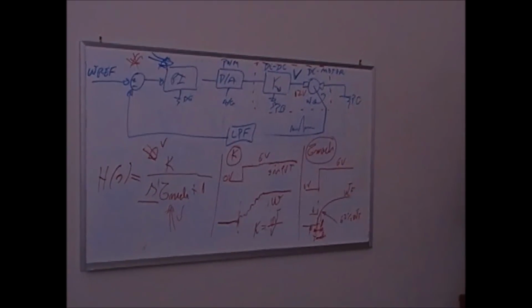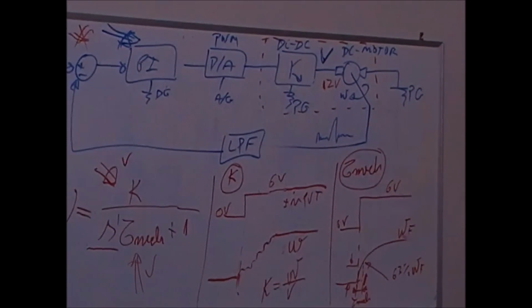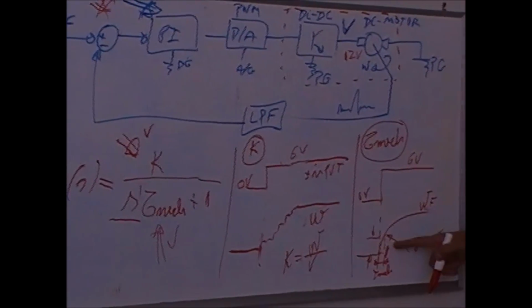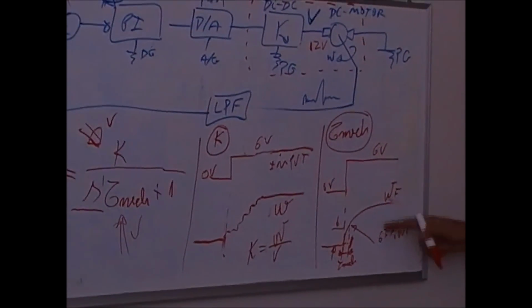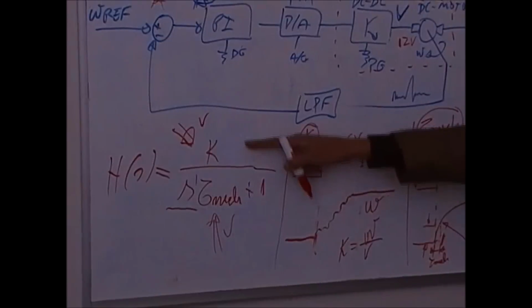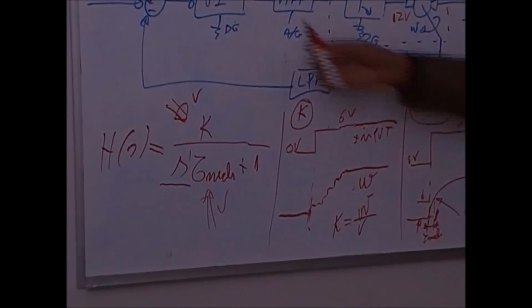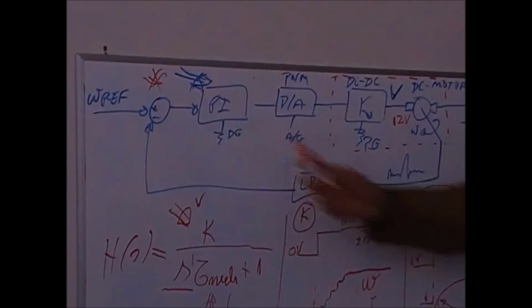Why? I'm taking a physical system and applying physical voltage, measuring physical speeds, and calculating a model that approximates the behavior of the motor. Now, with this information, we have tau mac, we have K. We can use that information to choose what kind of PI controller design technique we're going to use.